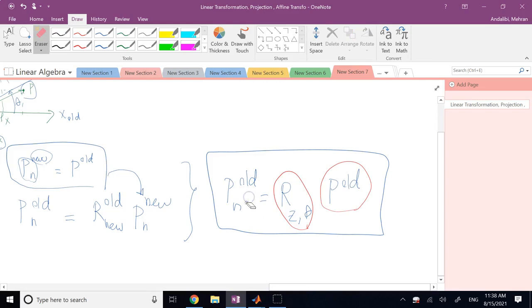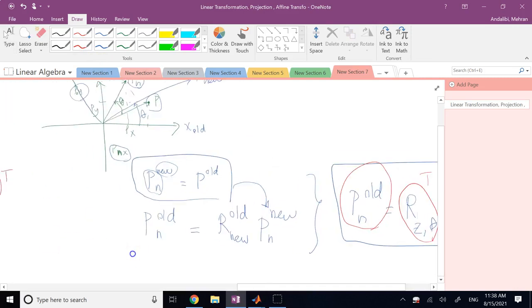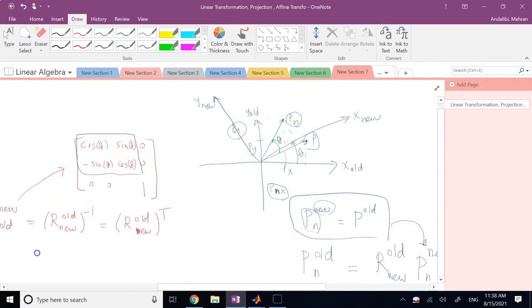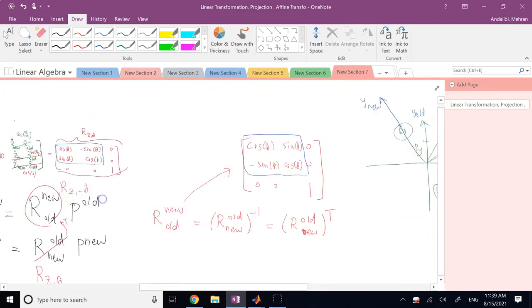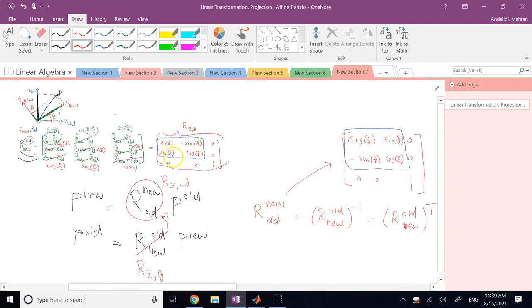You see? So I should not multiply by transpose as I did. I should multiply by the original rotation matrix. So I should multiply by this really, not this.